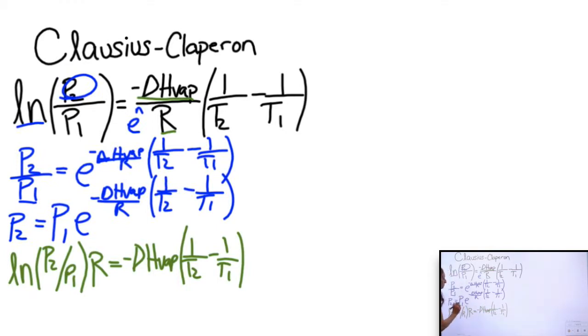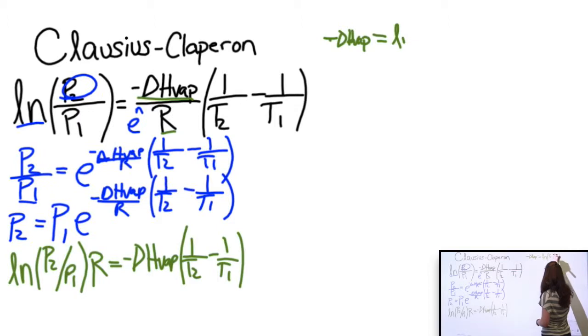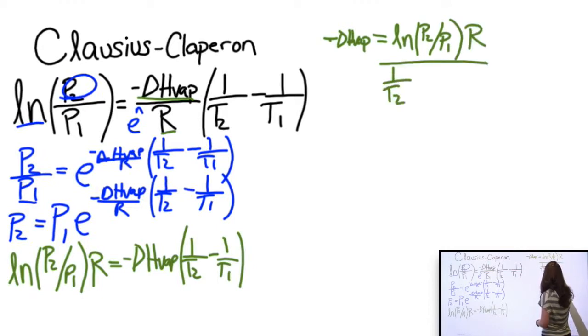So what you'll end up getting is negative delta H vaporization equals ln of P2 over P1 times R over 1 over T2 minus 1 over T1. So to get the positive answer though, you simply have to multiply by another negative for both sides of the equation, so you end up getting positive and negative there.